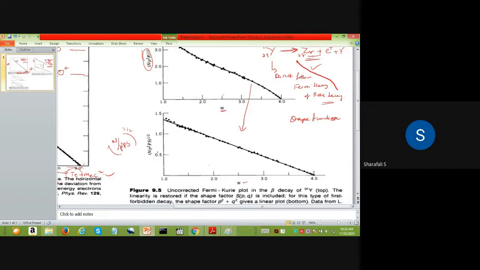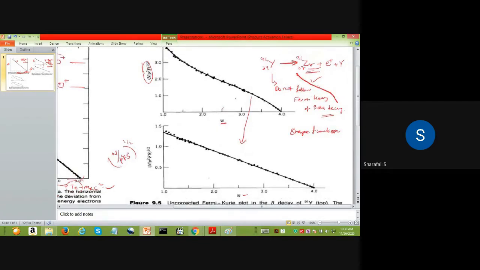Now it is complete. Now it is coming exactly as the experimental result, and this shape function will provide you additional freedom to manipulate this small correction that is in Fermi theory analysis.